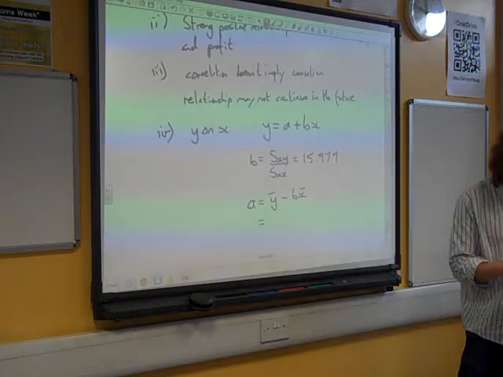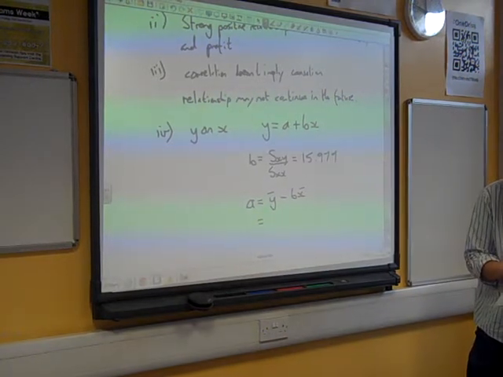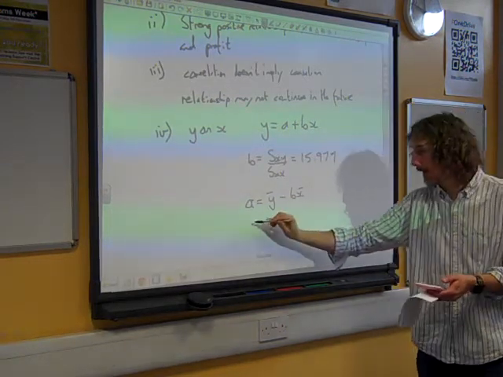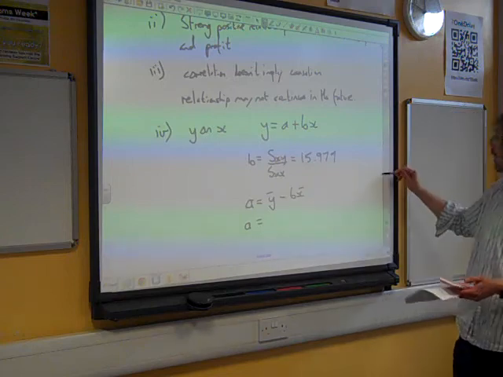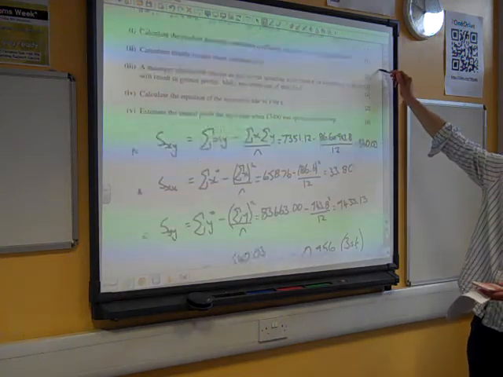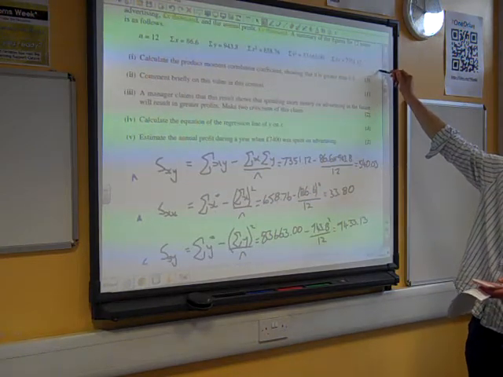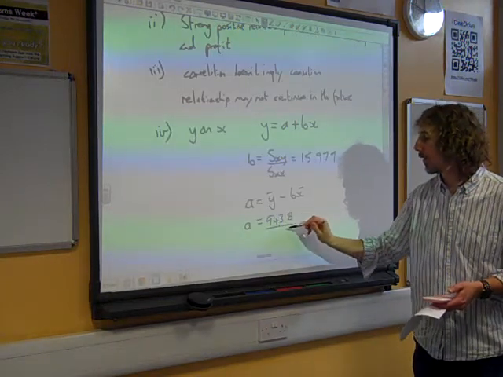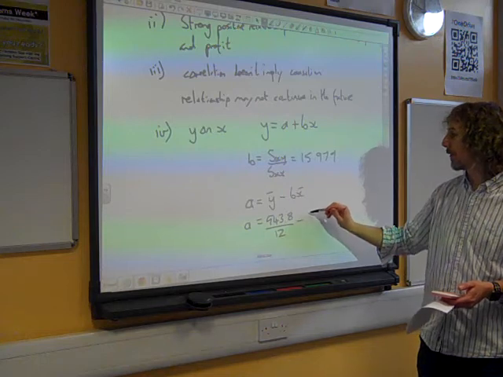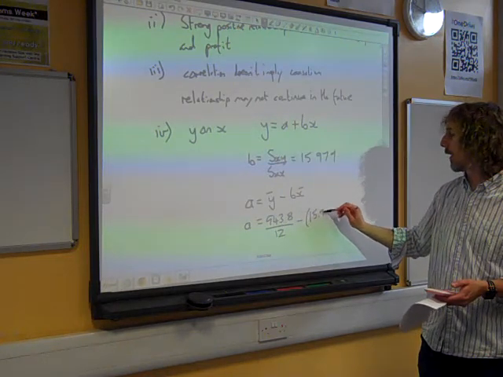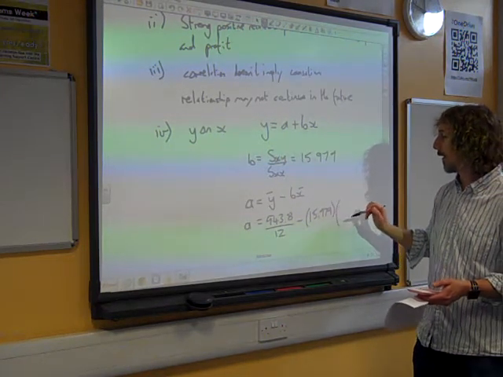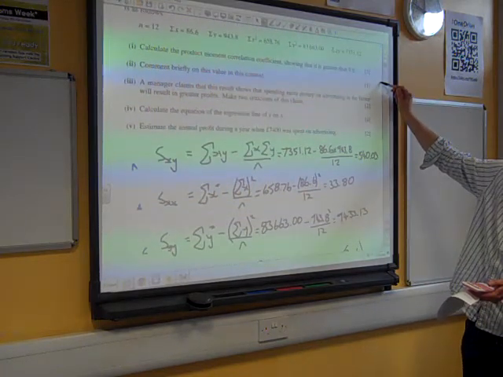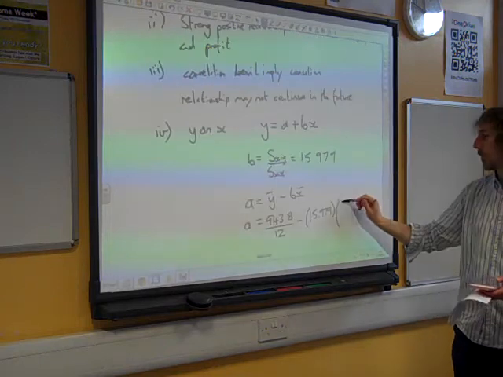So I'm going to store that value as well because I'm storing crazy on my calculator. Stored it as D, even though it's B. So a is y bar, the mean of y, so that is sigma y, 943.8 over 12, minus 15.979 times x bar, which is 86.6 over 12.